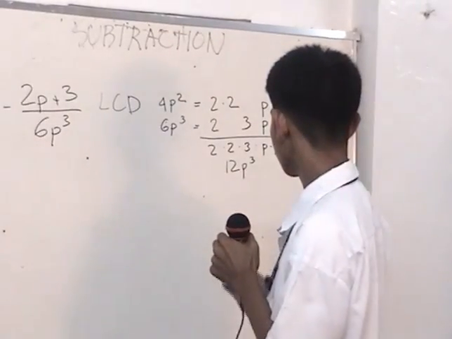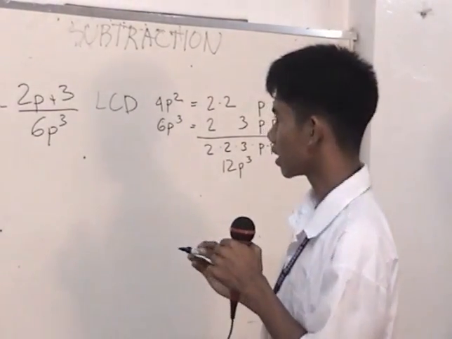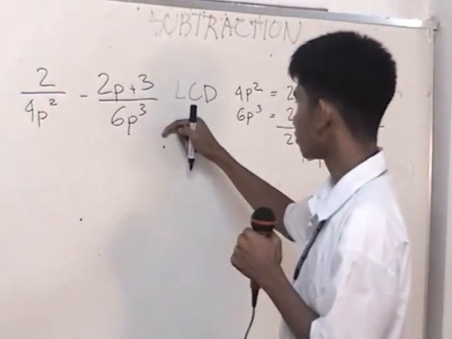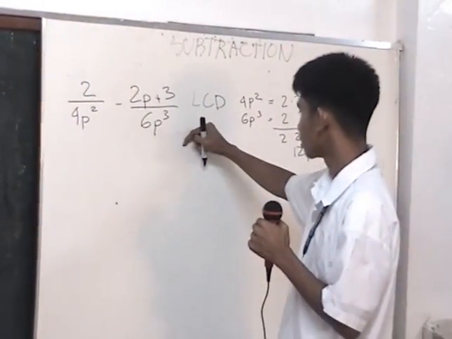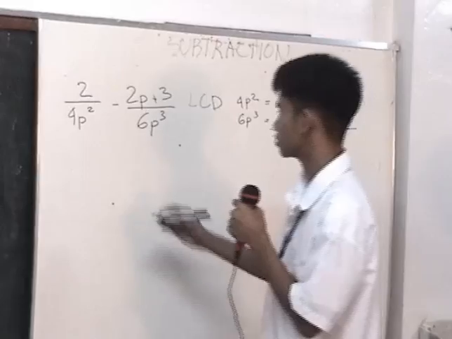We will use the LCD and multiply it on both the numerator and denominator of each expression.